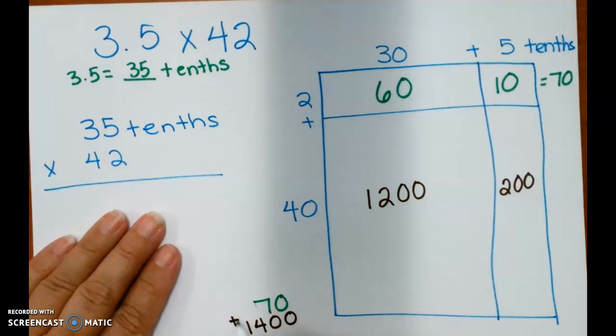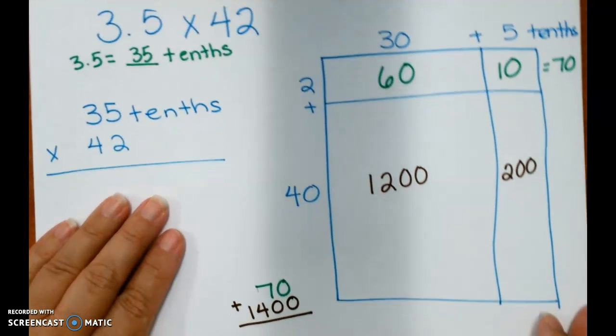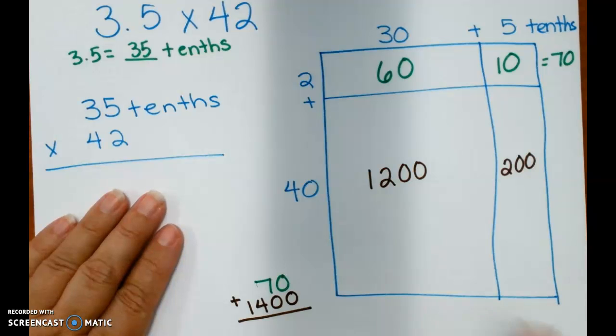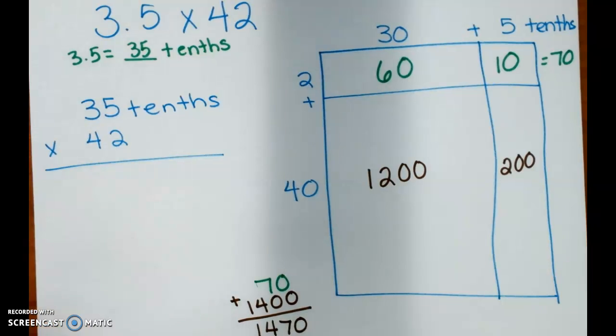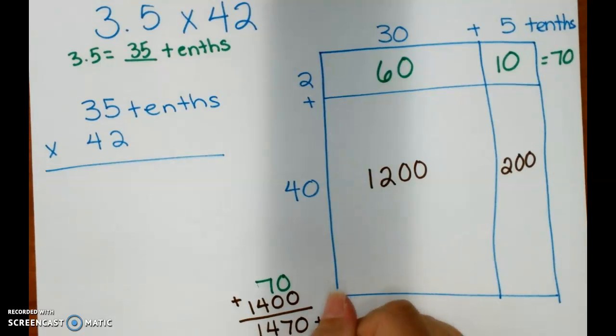Again, Miss Walker's running out of room because she wrote too big. So, add those two together, I get 1,470. Now, that's how many tenths I have.